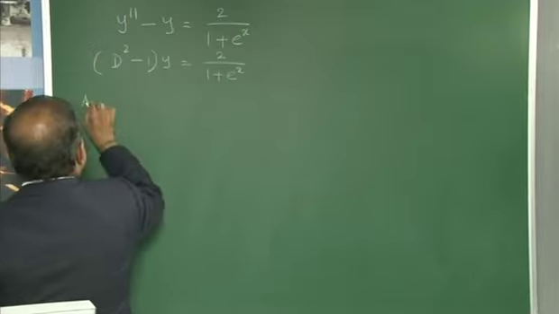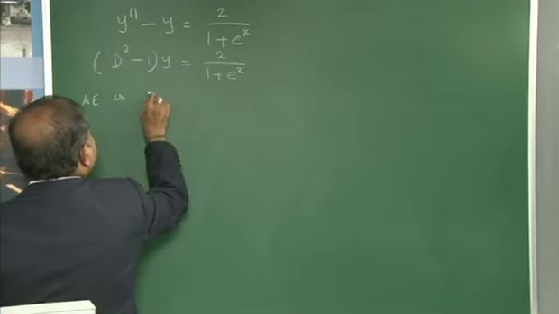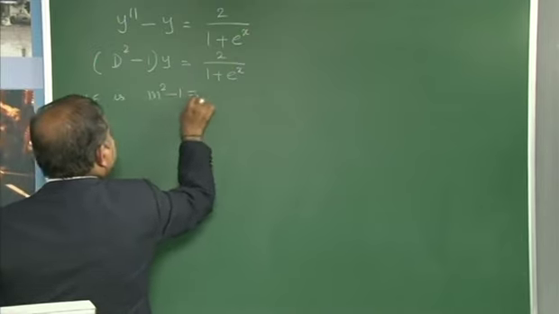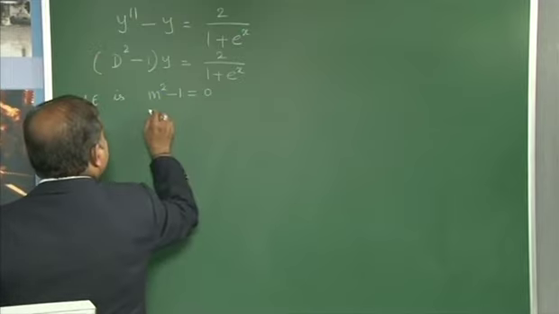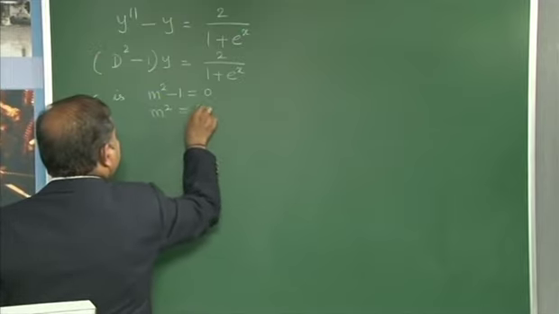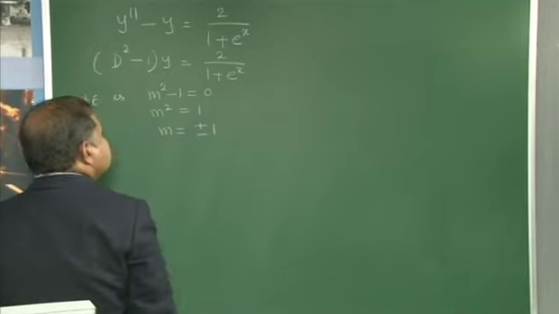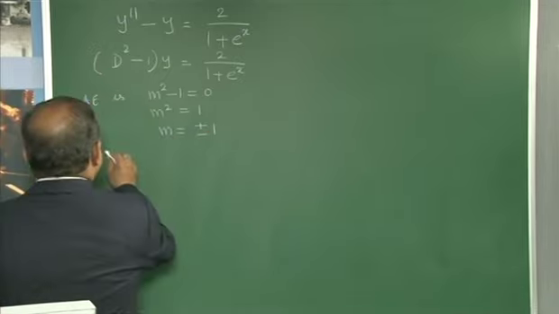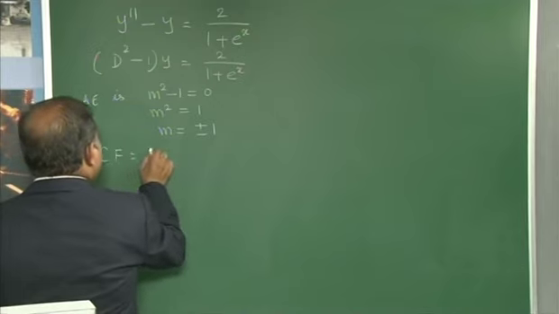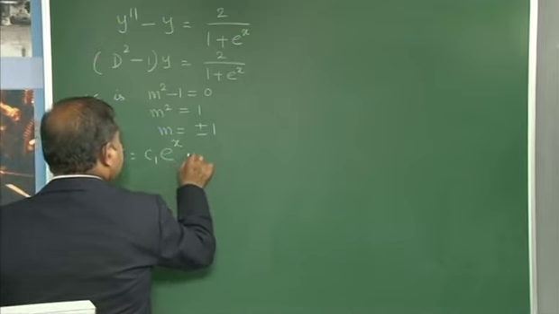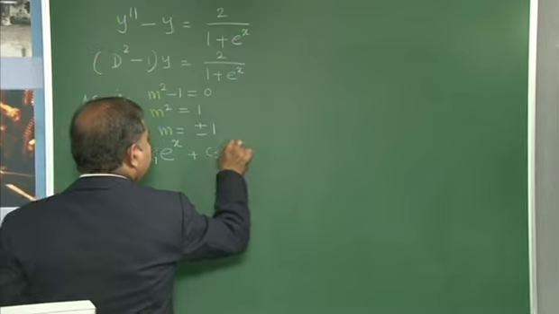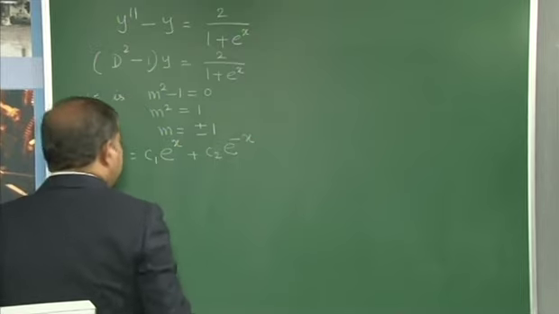What is my auxiliary equation? It is m squared minus 1 is equal to 0. So, m squared is equal to 1. M is equal to plus or minus 1. Then CF is C1 e power x plus C2 e power minus x.